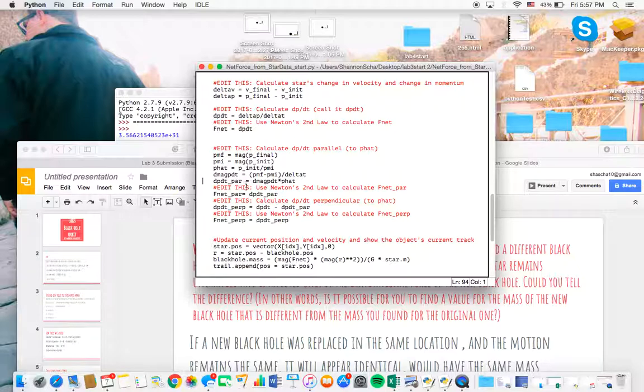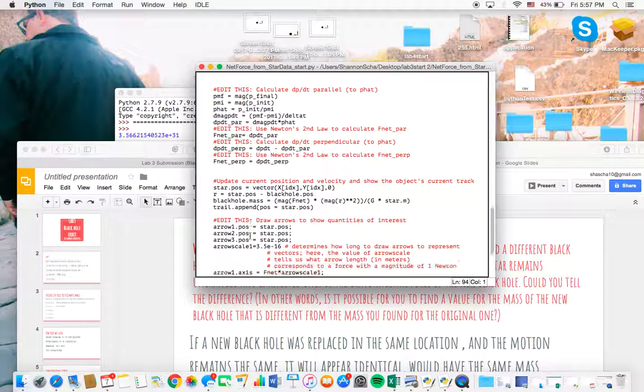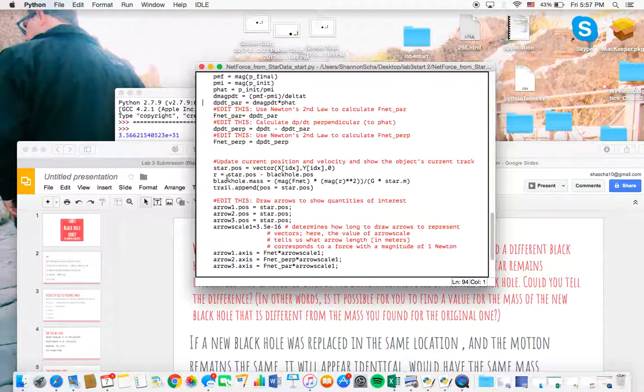Fnet parallel is equal to dp/dt parallel, dp/dt perpendicular is equal to dp/dt minus dp/dt parallel, and Fnet perpendicular is equal to dp/dt perpendicular. Now the black hole's mass equals the magnitude of the net force times the magnitude of r squared divided by G, divided by the star's mass.